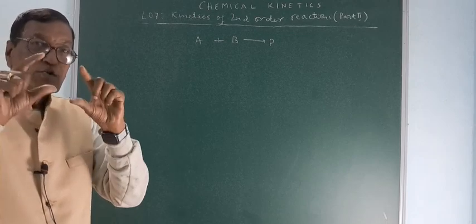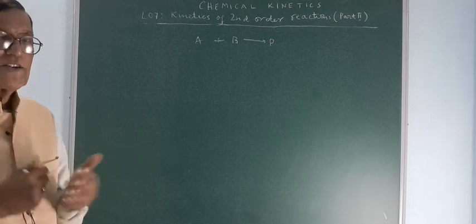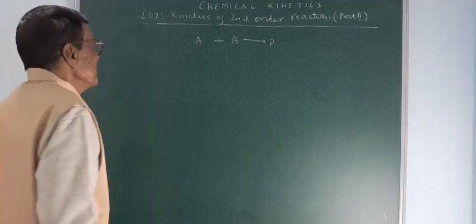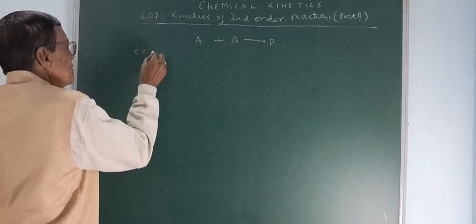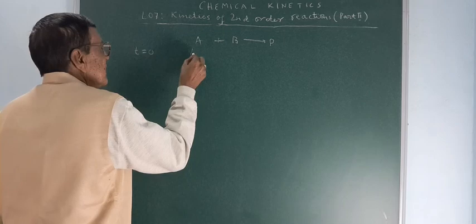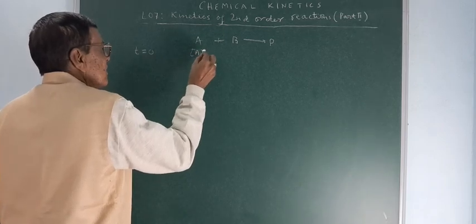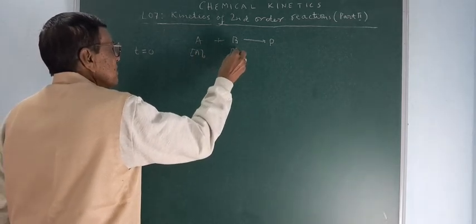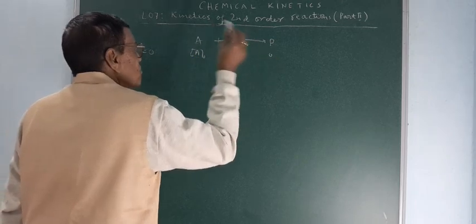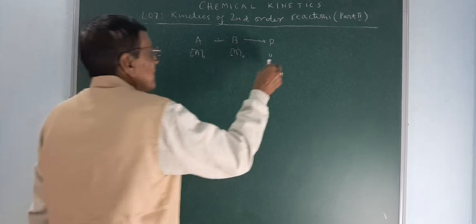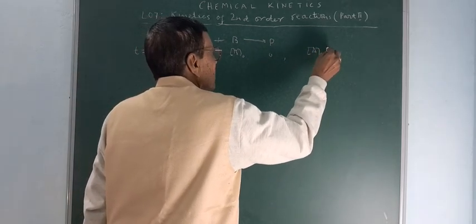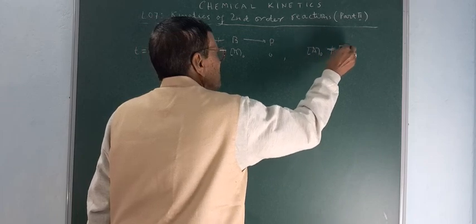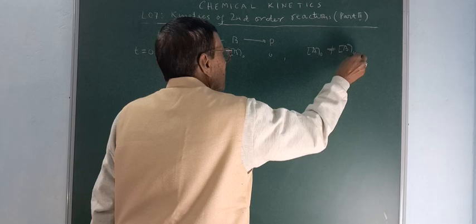When T equals 0, the concentration of A is A naught, the concentration of B is B naught, and P is 0, and the concentration of A naught is not equal to the concentration of B naught.